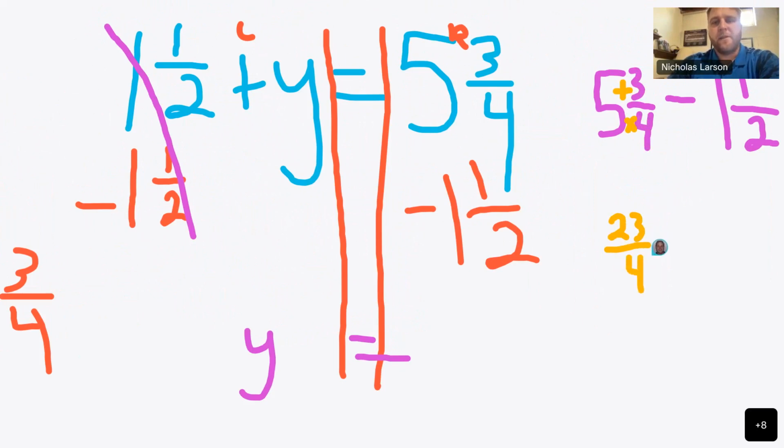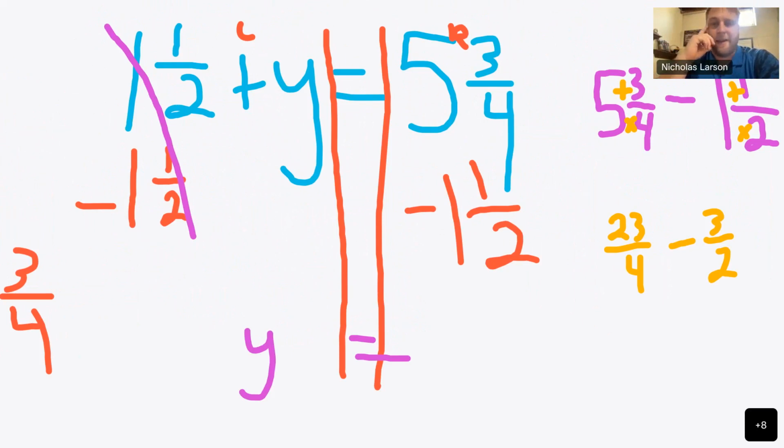And then 1 times 2 is 2. 2 plus 1 is 3. So I have minus 3 over 2. Can I subtract numbers that have a different denominator? What do we think? Can we shake our head or nod our head? Can we subtract numbers that have different denominators?